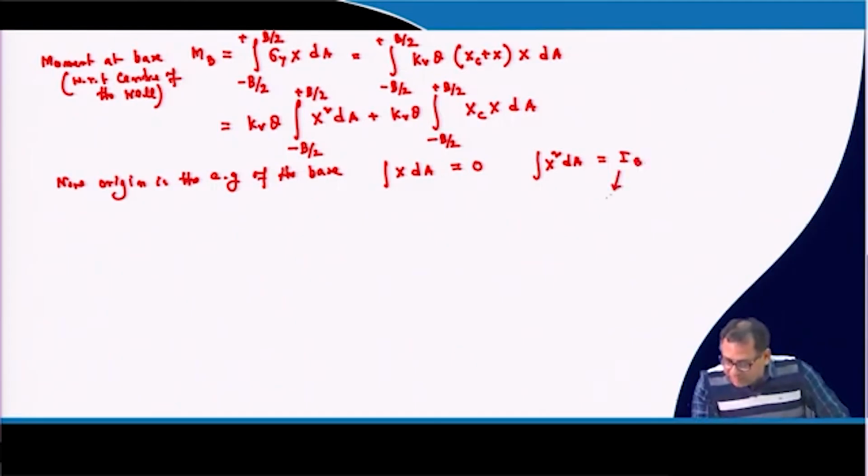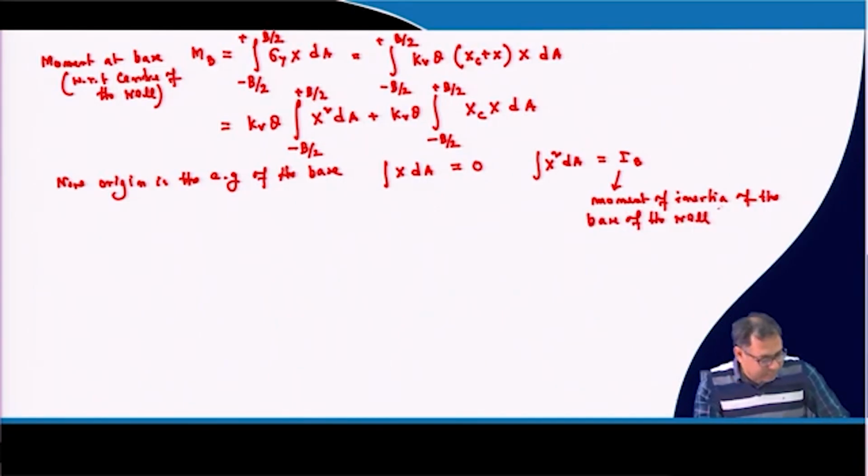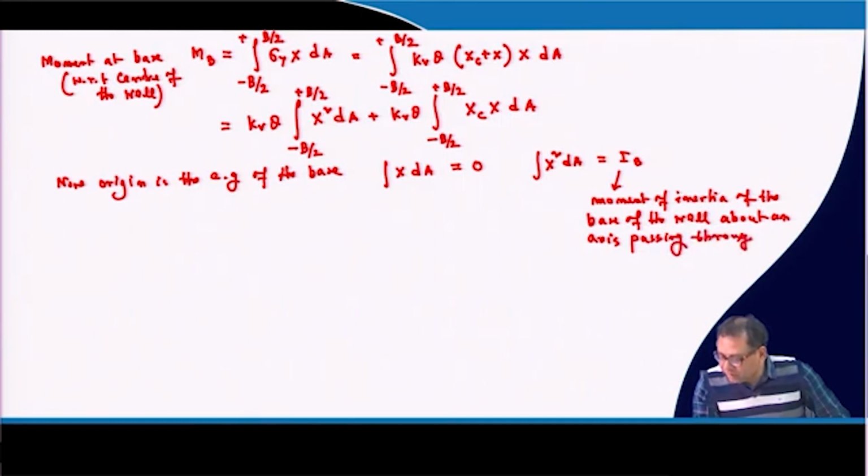This IB is the moment of inertia of the base of the well about an axis passing through the center of gravity, the CG, and perpendicular to the horizontal force.